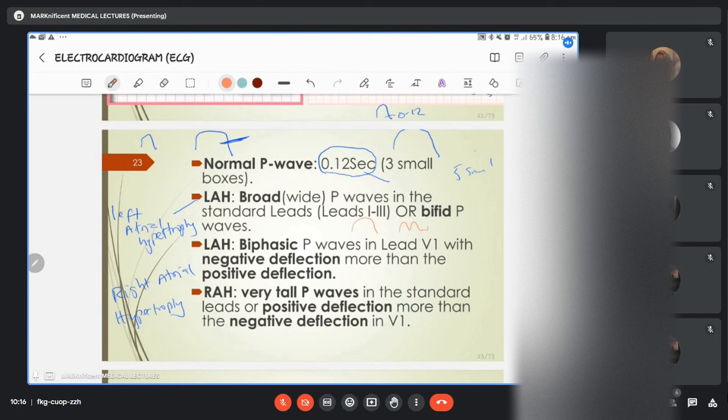If you have biphasic P waves in lead one with negative deflection more than the positive deflection, then that is right atrial. Now this is what it means. You know the P wave is supposed to go up. That's positive deflection on the positive side.